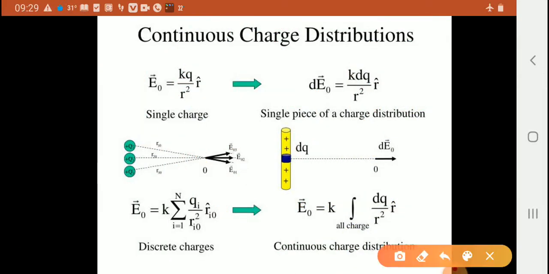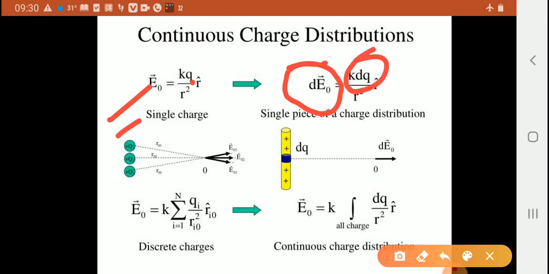So for a single charge, E equal to kq upon r square and unit vector of AR. So dE, the differential charge electrical field, is k dq upon r square unit vector of r.